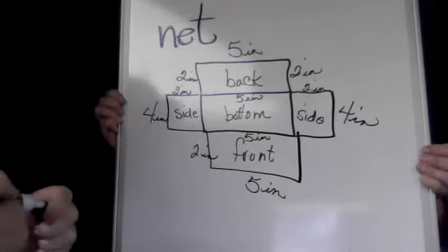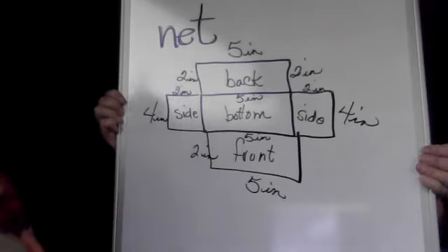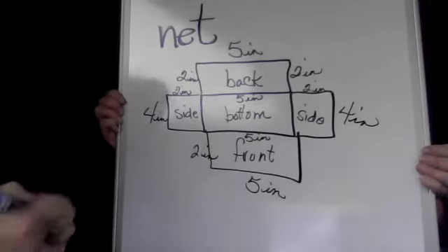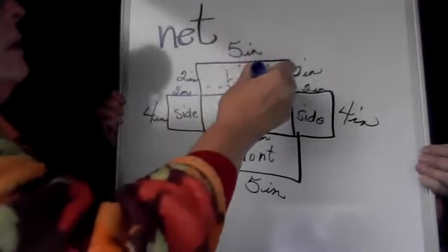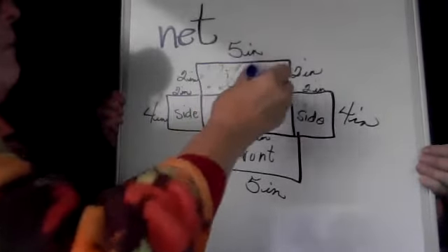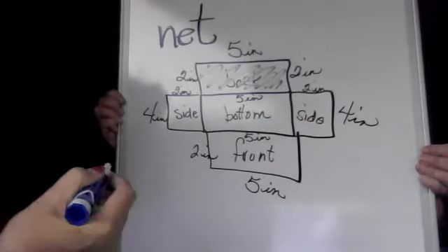All right. Now, in order to find the total surface area of this, let's find the area of this rectangle right here, okay? The area of the back rectangle, remember it's length times width, right?